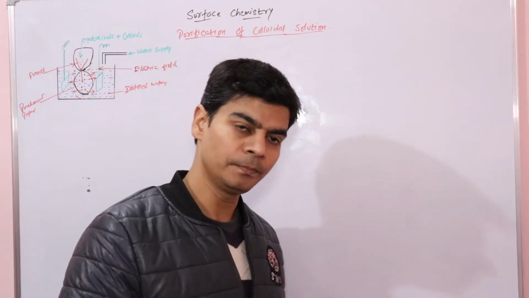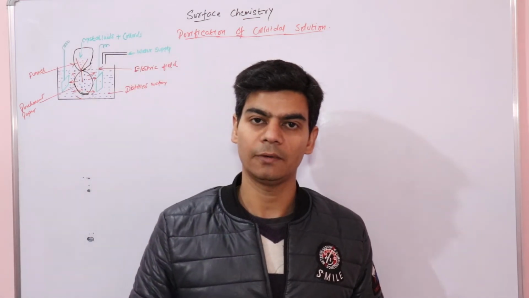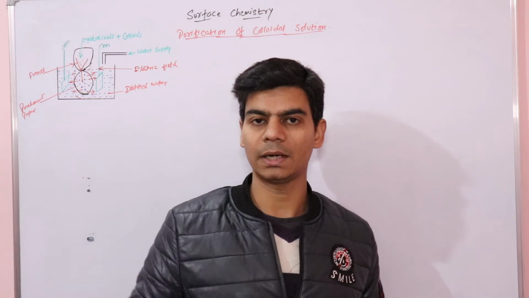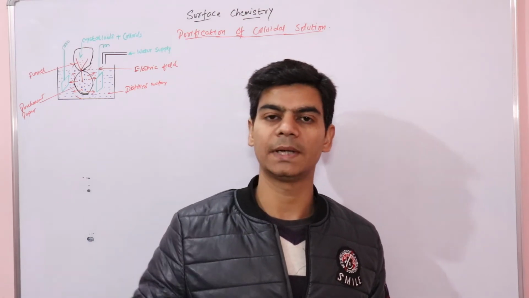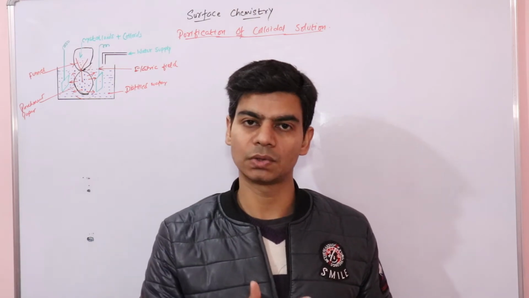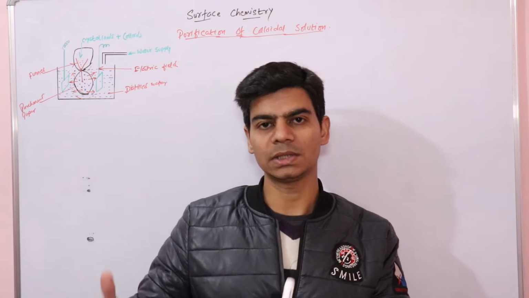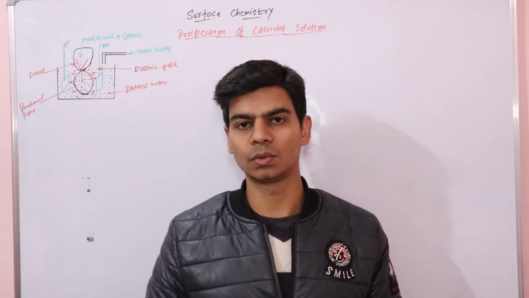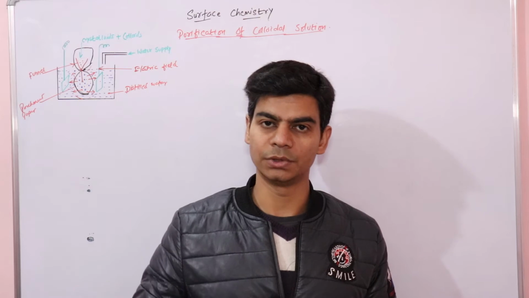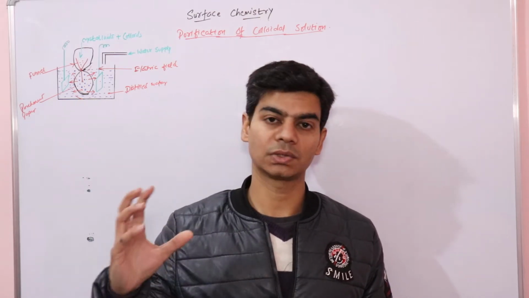If you recall, in the first lecture of colloidal solutions, we started with an experiment of Thomas Graham, where he allowed crystalloids and colloids solution to pass through the animal membrane. He observed that crystalloids could pass through the animal membrane, whereas colloids could not.